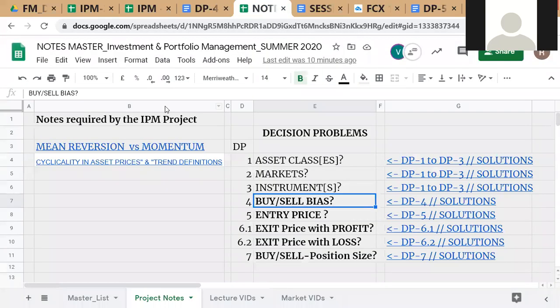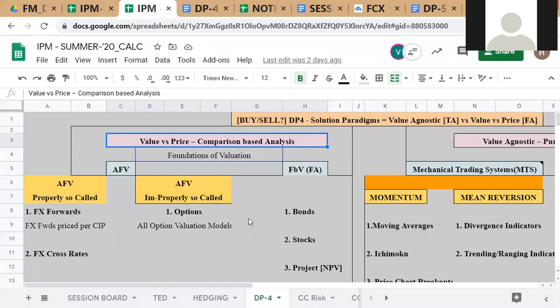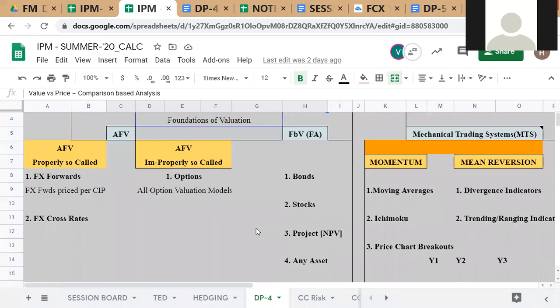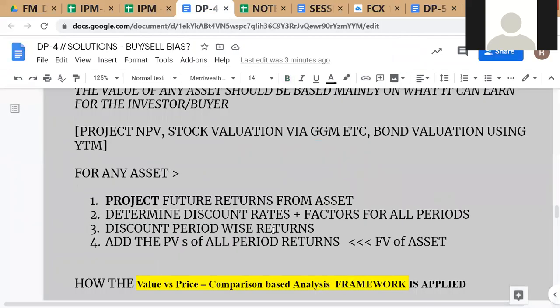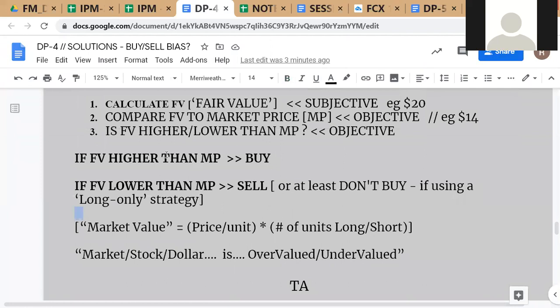The reason I'm going through this over and over again is you need to understand the philosophical approach and the mindset when you use these NPV, Gordon growth models. You are trying to find out fair value, and then you will compare it to the market price, and then accordingly take this decision.